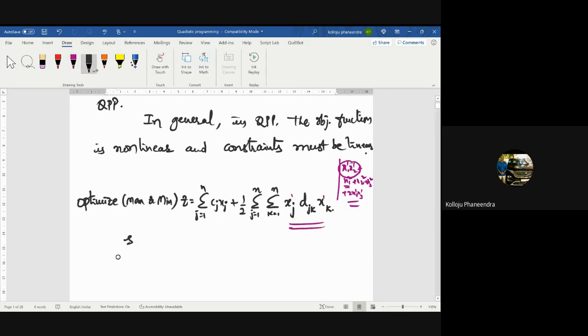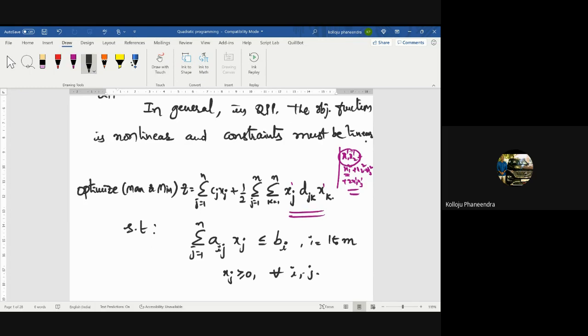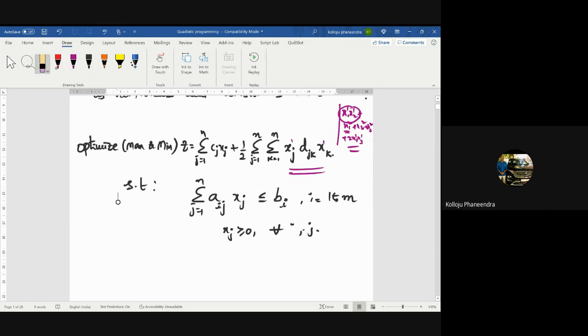Subject to the constraints. What are the constraint types? I told you, linear type constraints. So as usual in the simplex method, these are the constraints, j equal to 1 to n, and how many constraints I'm taking, i equal to 1 to m, and xj greater than or equal to 0 for all i, j.